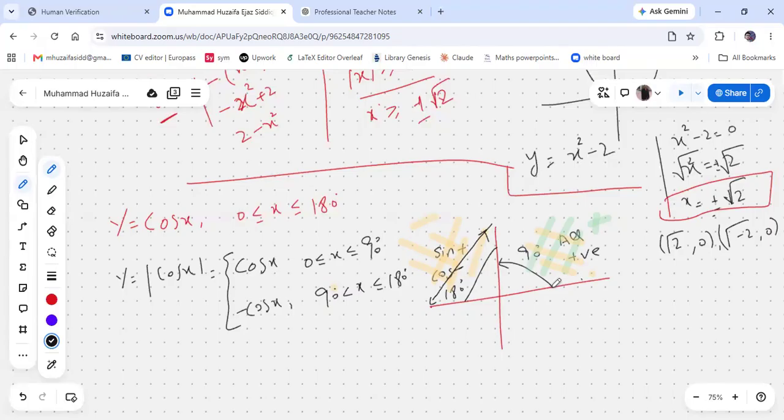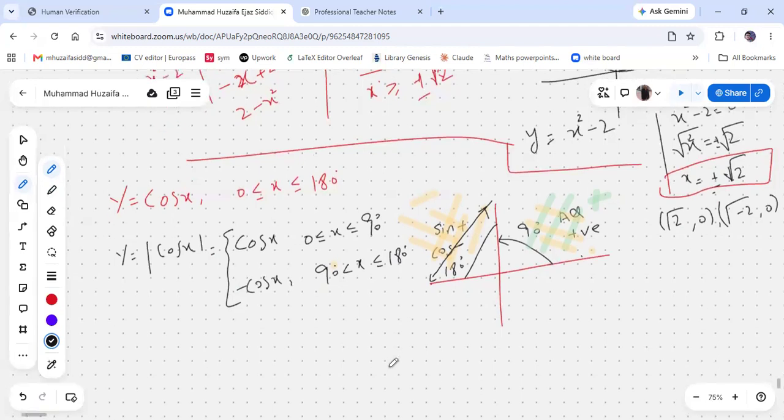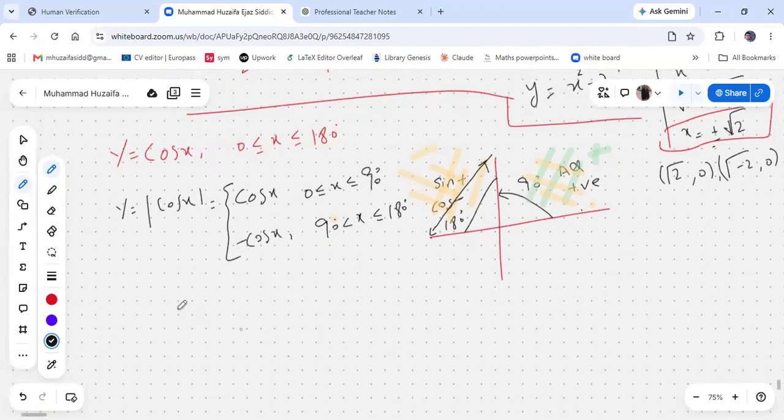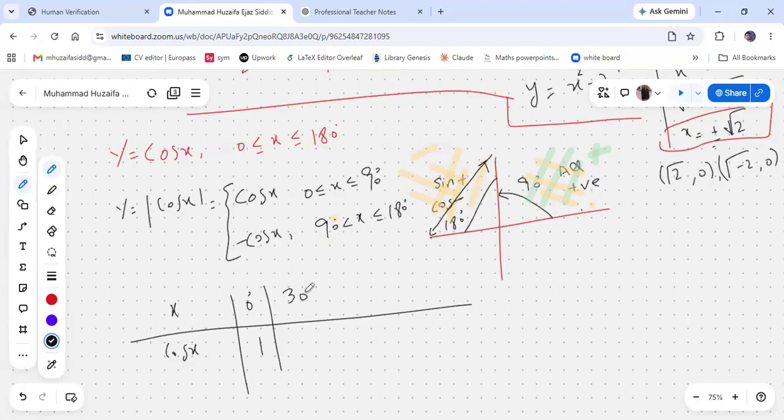No confusion, sir. Okay, on the basis of this, you can construct a table like this. Don't panic. I'm making our x and our cos of x. When we put 0 degrees, cos 0 is equal to 1. We have the standard angles 0, 30, 45, 60, and 90.